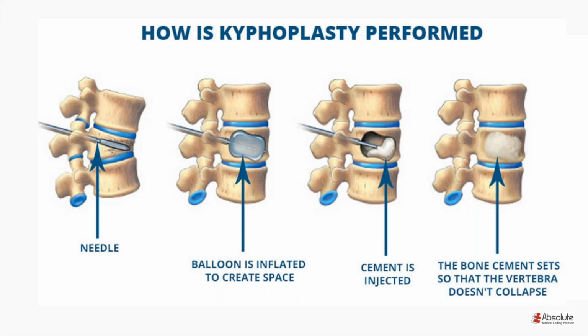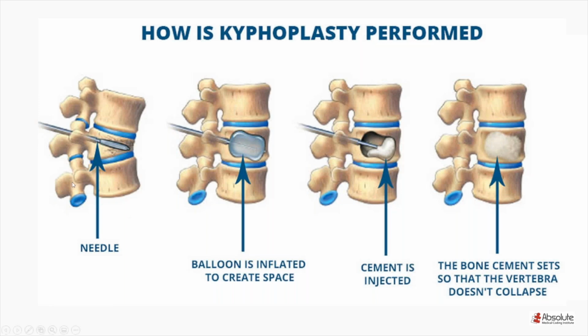Now, this is how a kyphoplasty is typically performed. You have your needle going in. Sometimes that needle can act like a burr, and in our scenario, there was some drilling. Also, at the end of that needle there's a balloon placed. Then, after the burrowing, the balloon is inflated.